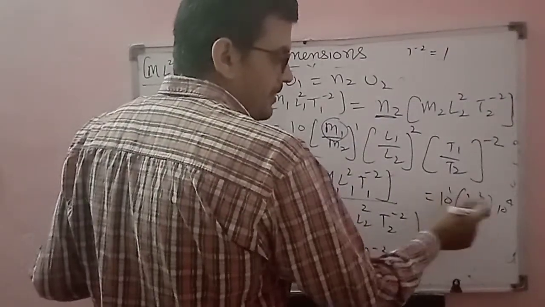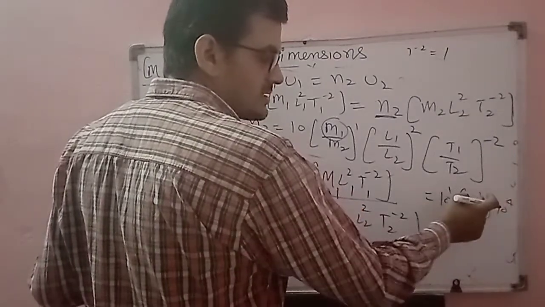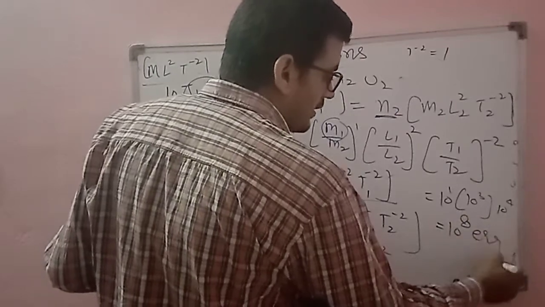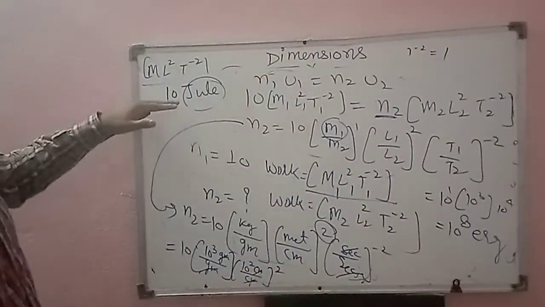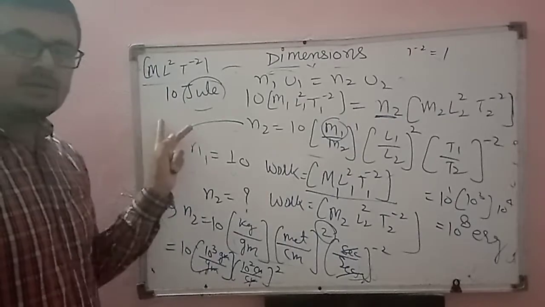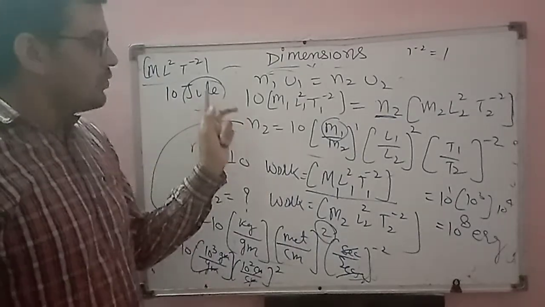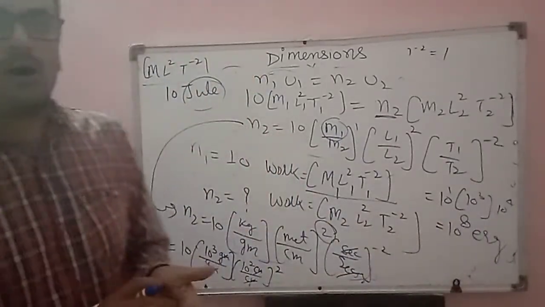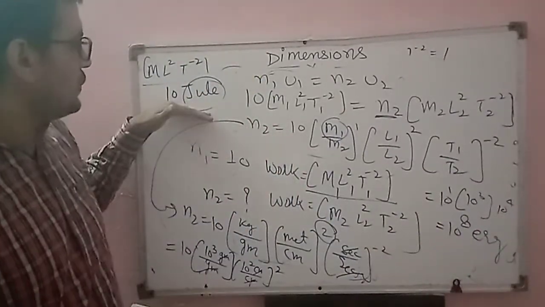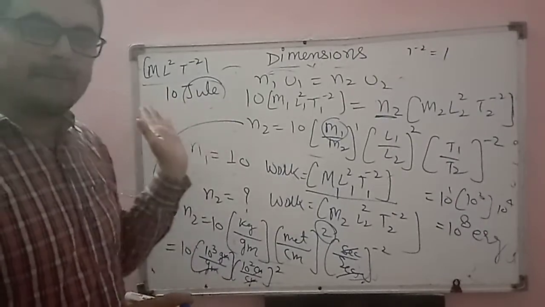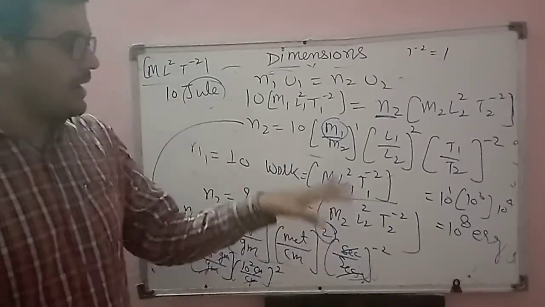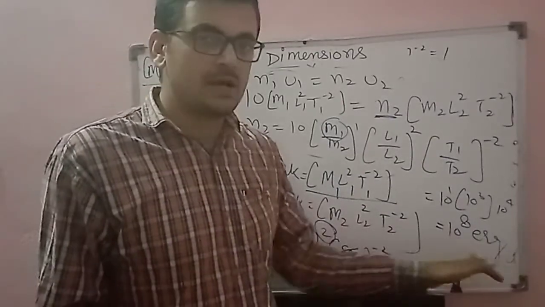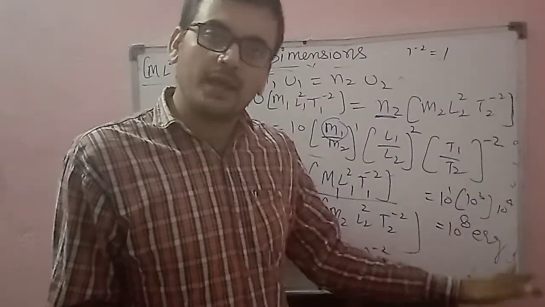So when the base is the same, power will be added. 4 plus 3 is 7, plus 1 is 8. 10 to the power 8 erg. This means the value of 10 joule will be equal to 10 to the power 8 erg, or you can say this 10 joule is in the MKS system, and when we convert this MKS system into the CGS system, it will be equal to 10 to the power 8.